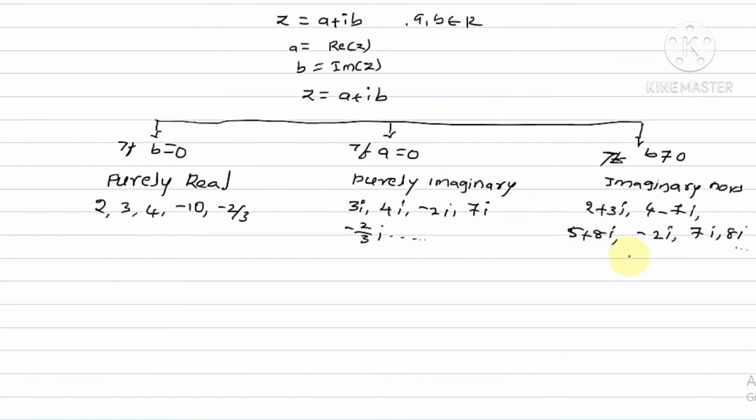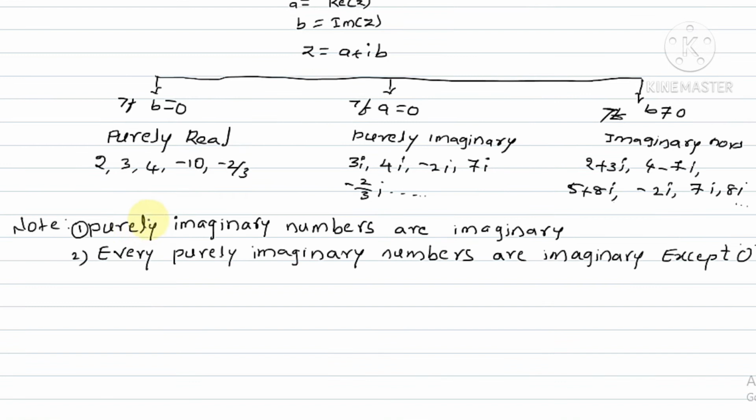So by this we can conclude that purely imaginary numbers are imaginary. We can write purely imaginary numbers are imaginary, as I told you that. Next statement I am giving, every purely imaginary number is imaginary except 0.